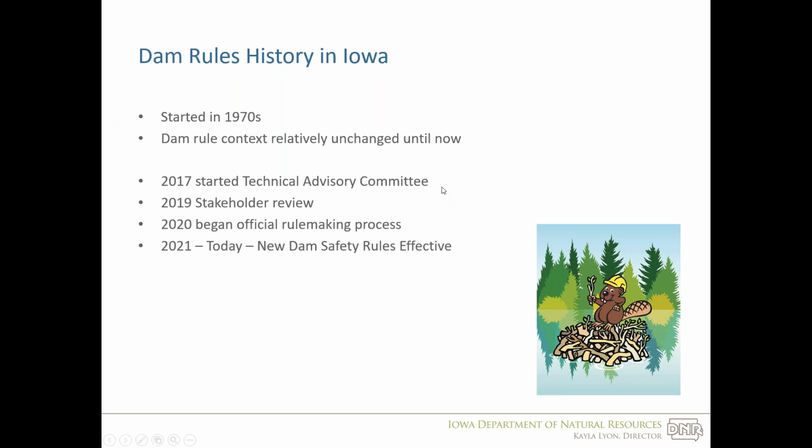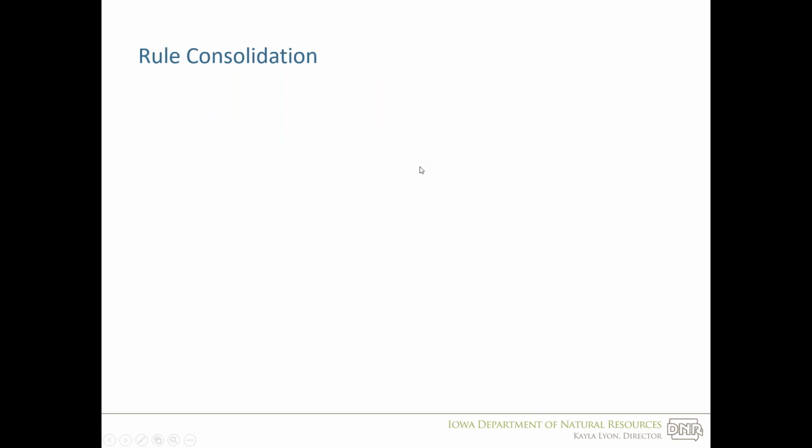So our goal with the rule changes was to do a consolidation of all the different chapters. We had different dam rules scattered throughout 7 chapters in the Iowa Administrative Code, and we have combined them all into Chapter 73, which is a section only for dams.